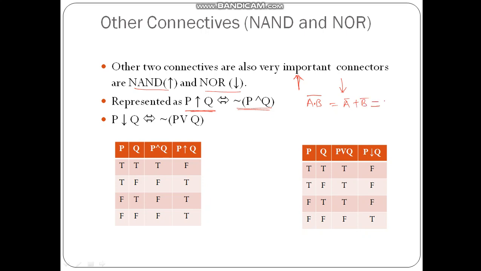So this is the NAND operation. P NAND Q is NOT of P and Q, and the NOR operation is NOT of P or Q.